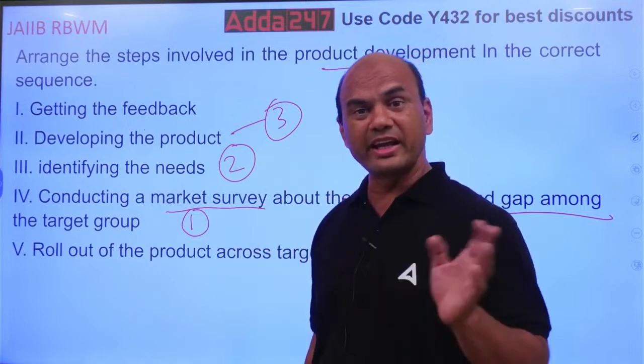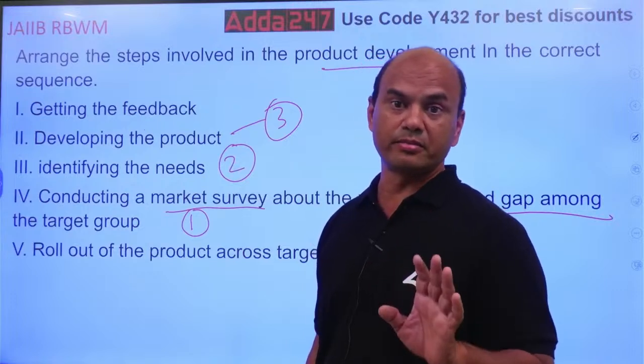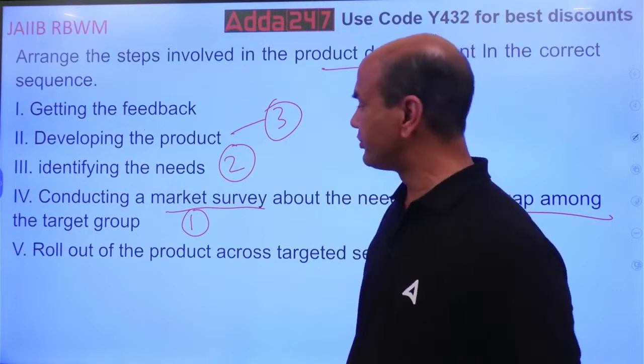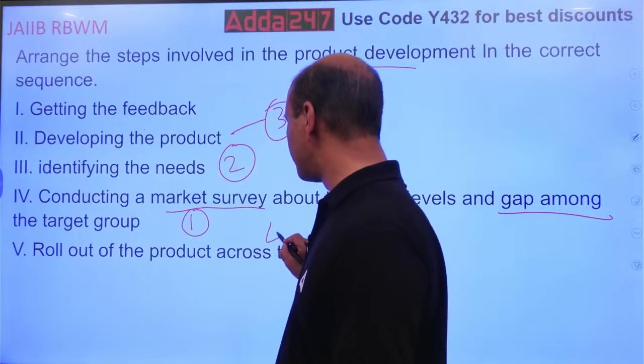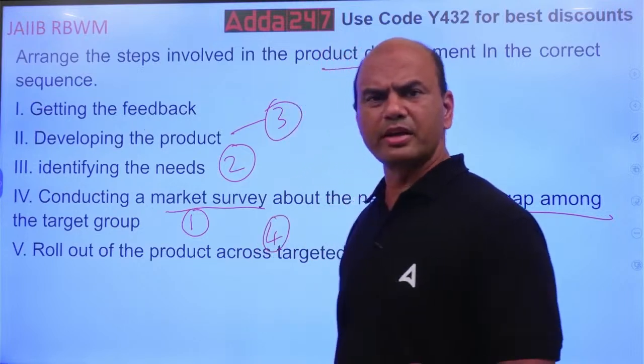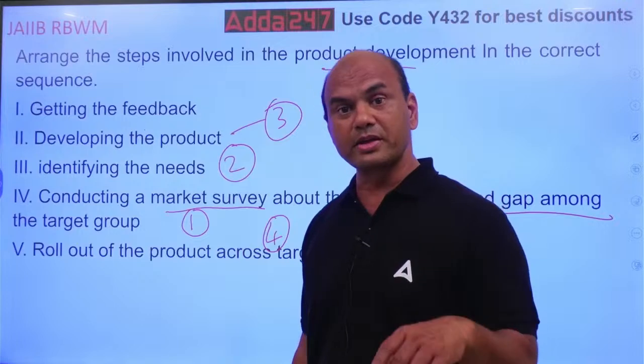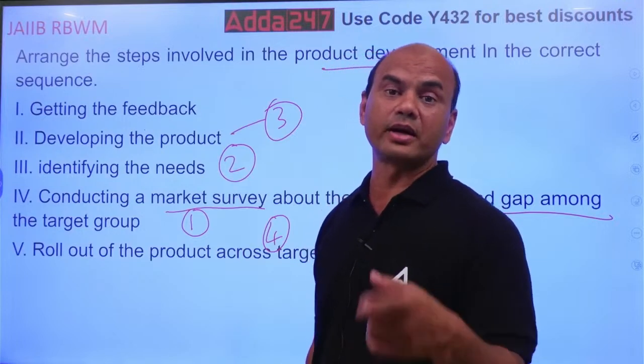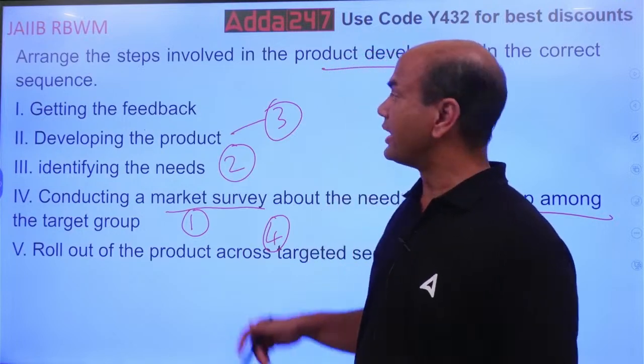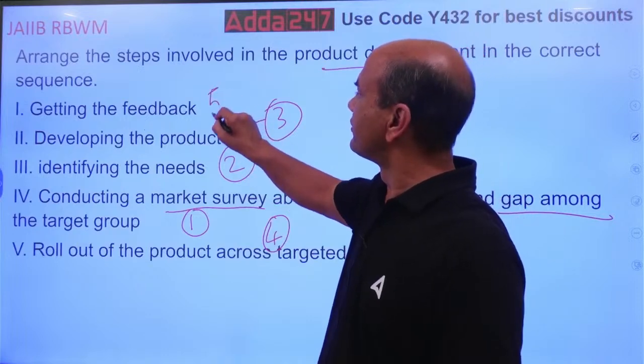Just having the idea is not enough in any banking or any product. Then roll out the product, step number 4. Commercialize it. But before commercialization, you have to do the test marketing. And then get the feedback, step number 5.